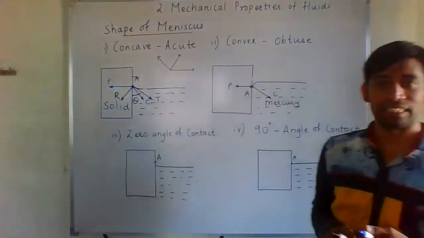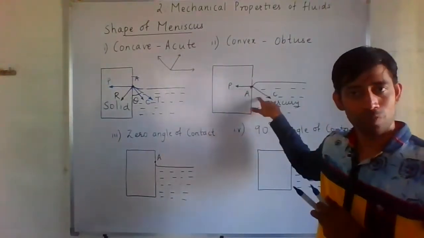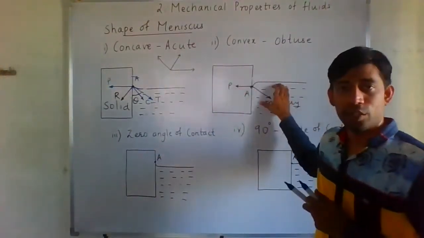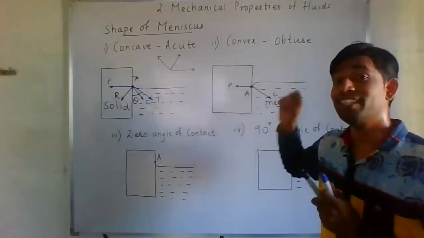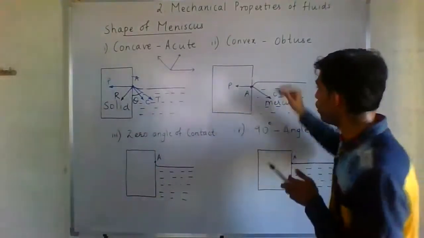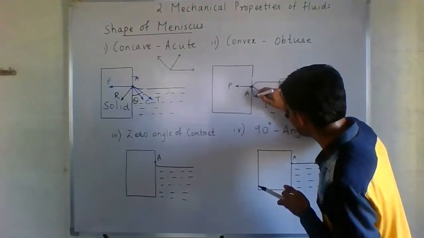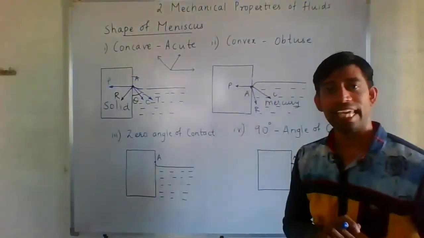This is your AC. Now again, we have to draw the resultant of these two. Since this is stronger, you can understand that the resultant of these two will this time lie inside the liquid. So when I draw the resultant of this, it will be somewhere over here, AR.